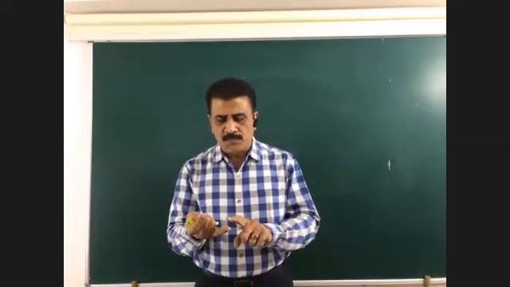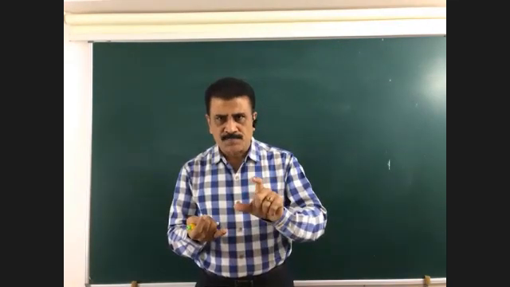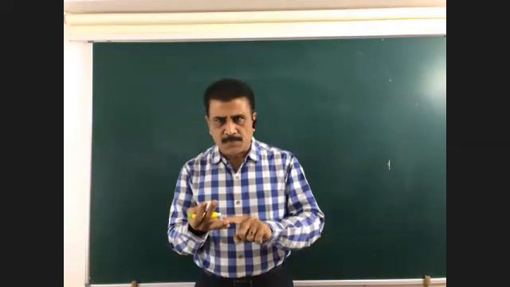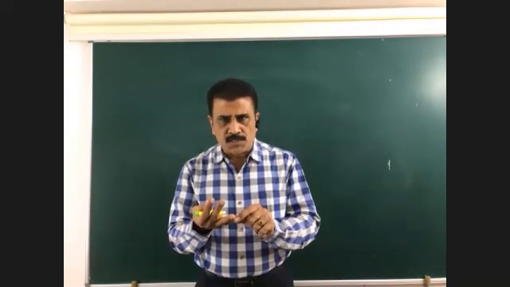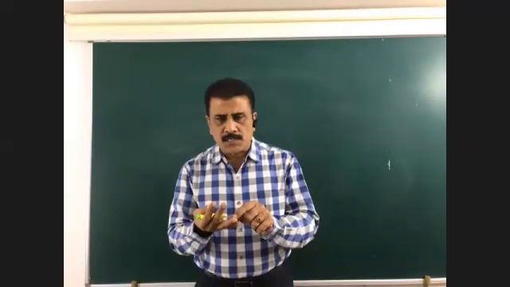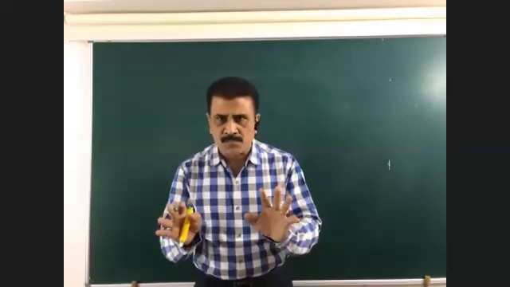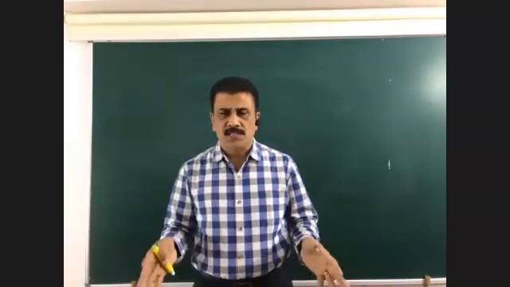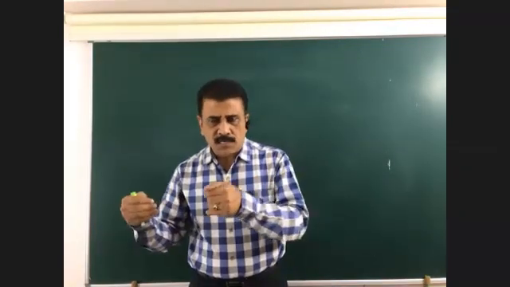I told you, when a zinc rod is placed in zinc sulfate solution, there is a potential difference. Copper rod placed in copper sulfate solution, there is a potential difference. The two electrodes do not have the same electrode potentials because the nature of the metal changes. Hence, the zinc electrode has one potential, the copper electrode has another potential.